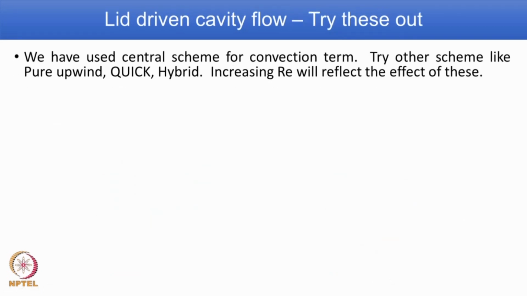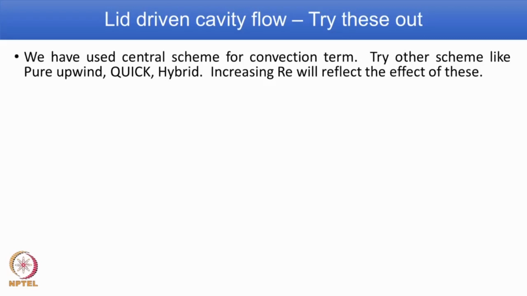Now, based on this, the same problem can be extended and you can try any one of these problems. We have used the central scheme for the convection term. If you can recall, in week 5 we taught other schemes, for example pure upwinding, QUICK scheme, hybrid scheme.